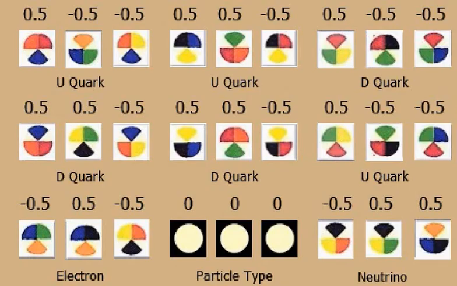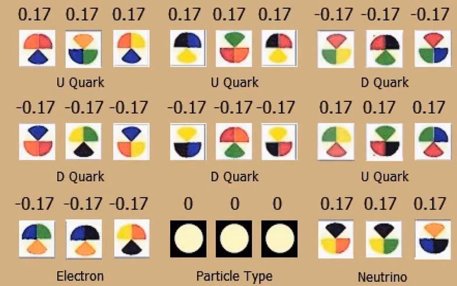And we have the isotopic spin, which connects the doublets. In the case of the U quark, we have an isotopic spin of 1/6 plus 1/6 plus 1/6, which is plus 1/2.